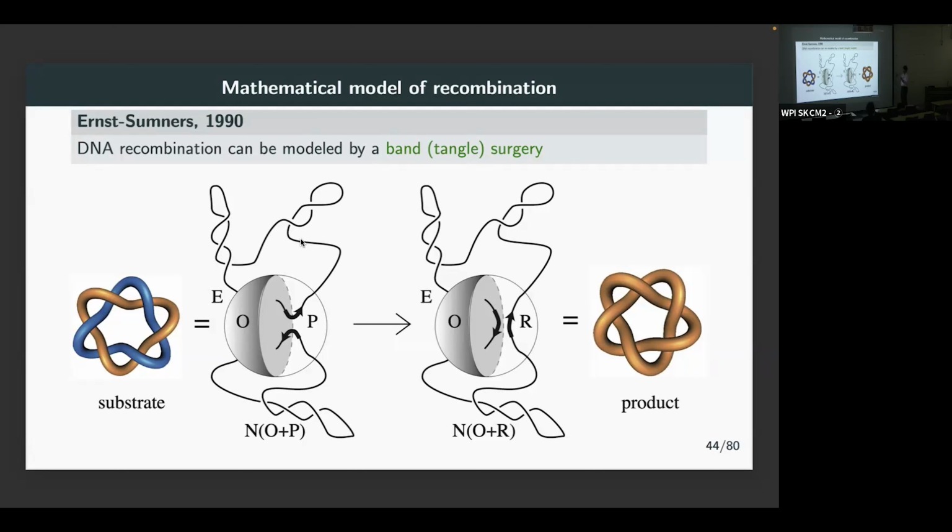The enzymatic complex grabs two strands of the DNA and changes them, as in this picture. They cut this P part and reconnect in this way, and you have R. And by this operation, sometimes the topology of the DNA will change. And we will use the information of this topology, and we would like to show what is happening inside this ball.